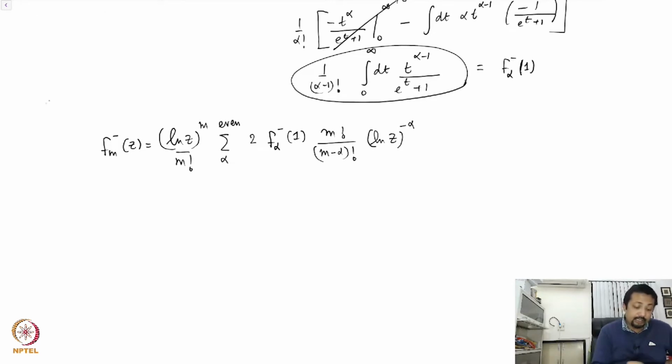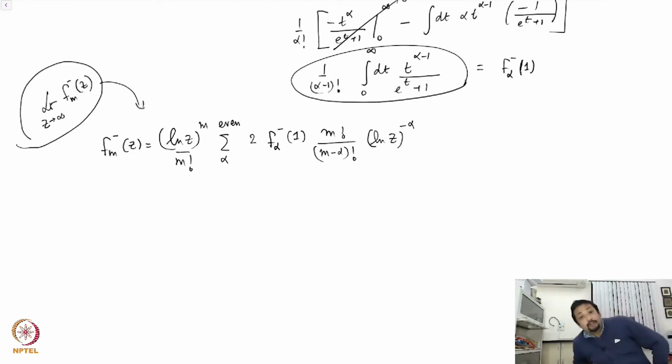So this is the limiting value, the limit of z to infinity of f m minus of z. If you take this, this is the approximation that you get.